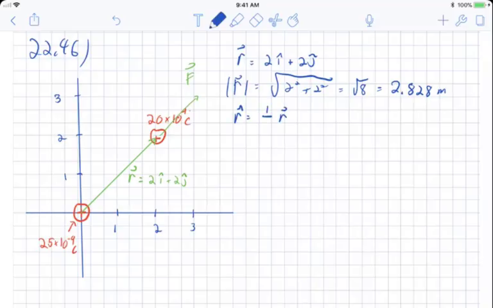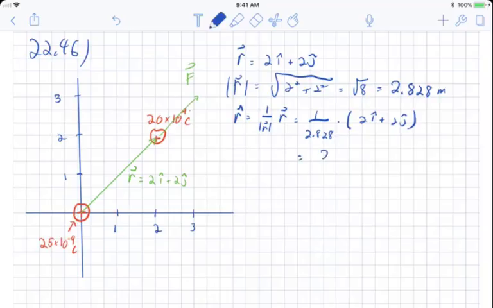And then the unit vector is what you get if you take the regular vector and divide it by its length. So we're shrinking down our original vector so that it's short. How short? We want it to be length 1. 2 i-hat plus 2 j-hat. I'm going to show you the intermediate step.